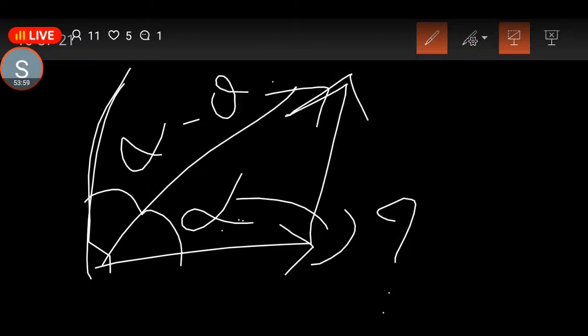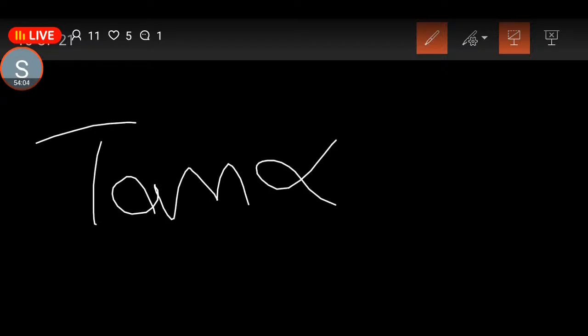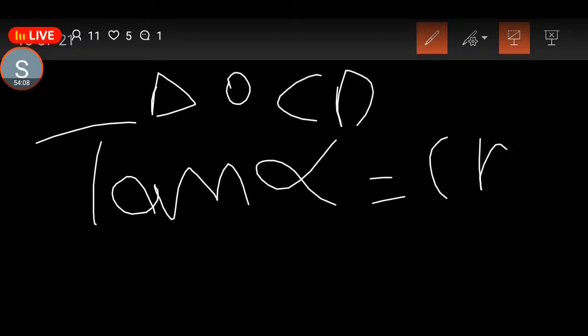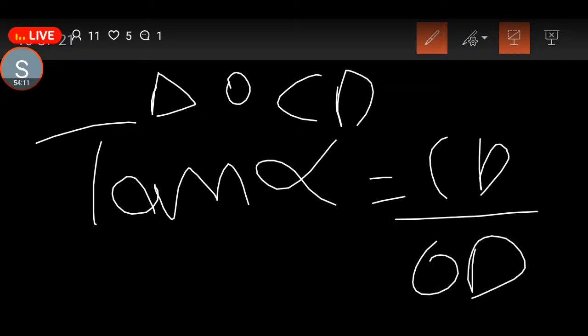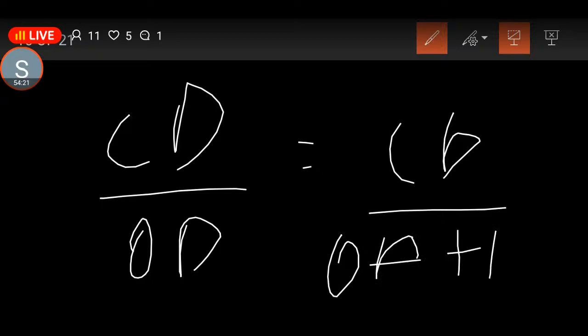Now I will find out using tan alpha in triangle OCD. Tan alpha is equal to CD by OD. That is equal to CD by OA plus AD. And we have just found out OA plus, this is not B, this is D, A, AD.